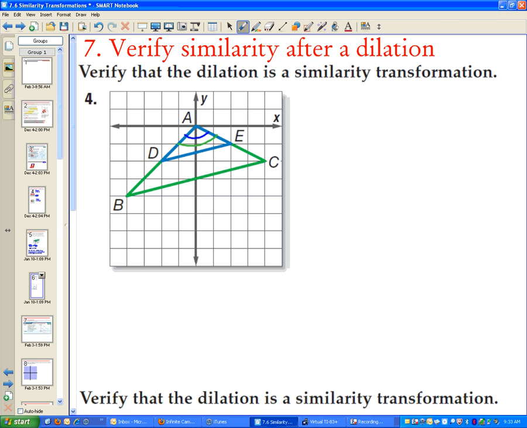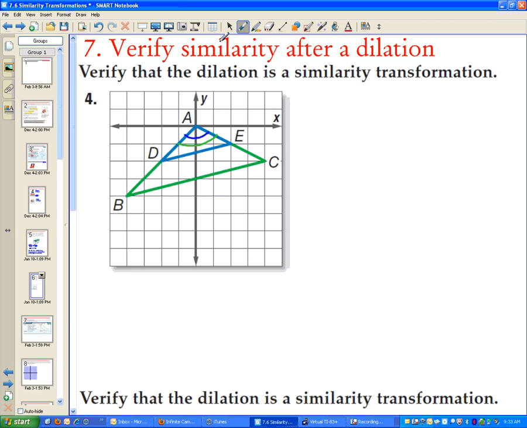So we could try a side angle side similarity and not have to use the distance formula as many times. Okay? So I think that's the way to go on this. Is that the way? Yeah, that's what the book did too. All right, so we've got one pair of included angles congruent.